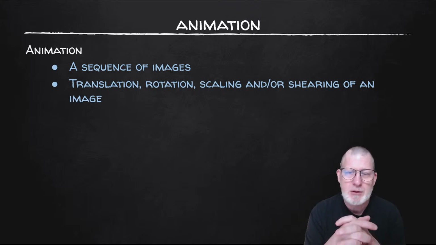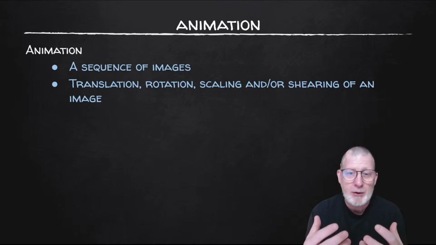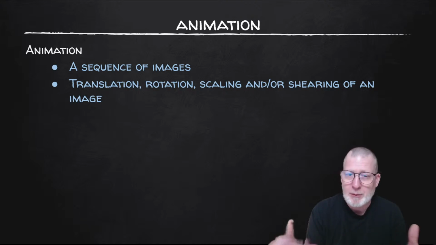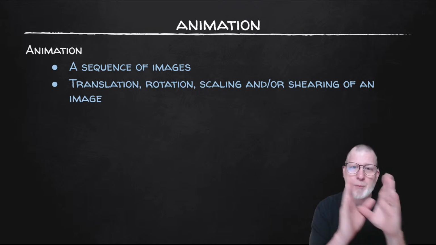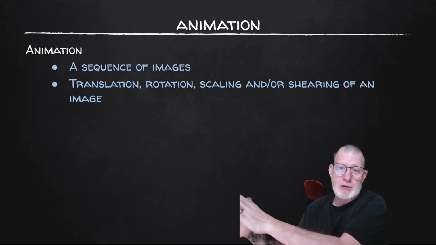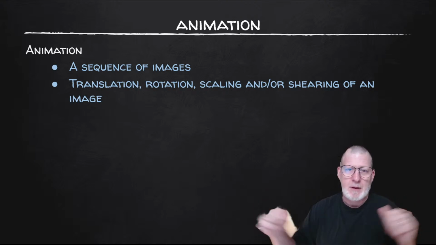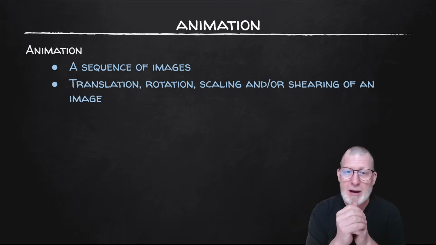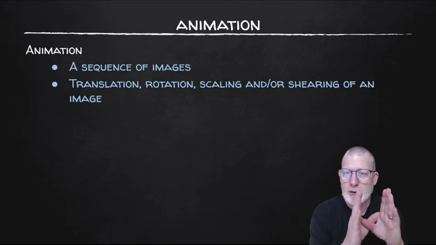We create an image, and the image has multiple versions or frames of the same character in a slightly different pose. When we build them, and we quite often build them in tools like Photoshop, we'll build them so that each pose is in the same file, in the same image, and they're all side by side. And what we'll do is we'll put that background image behind a div that's the size of just one of those frames.